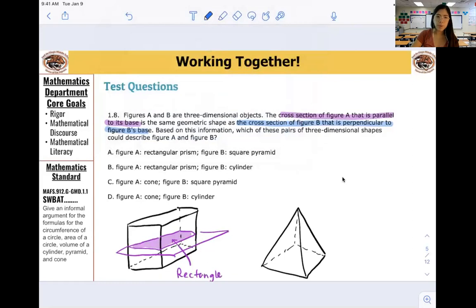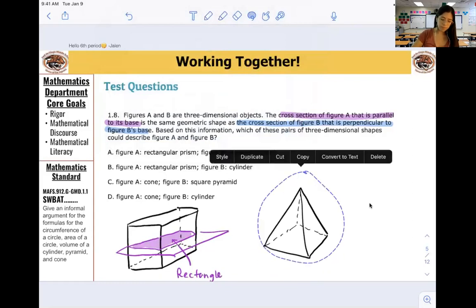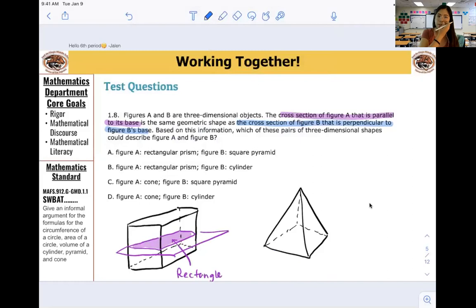Perpendicular to the base, what type of shape am I going to get on my pyramid? And let's say it goes through the apex. So perpendicular and through the apex, what type of shape do I get?